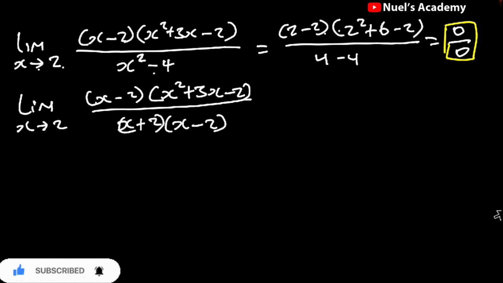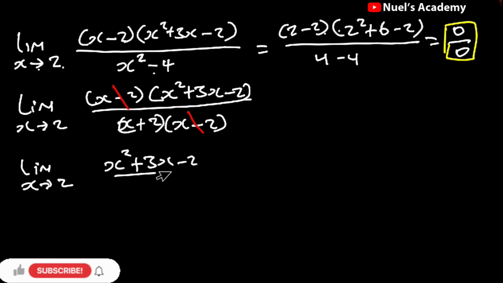Now it happened that this part of the numerator cannot be factorized, so that's why I left it. As you can see, x minus 2 and x minus 2 have cancelled. So you'll be left with the limit as x approaches 2 of x squared plus 3x minus 2 over x plus 2.